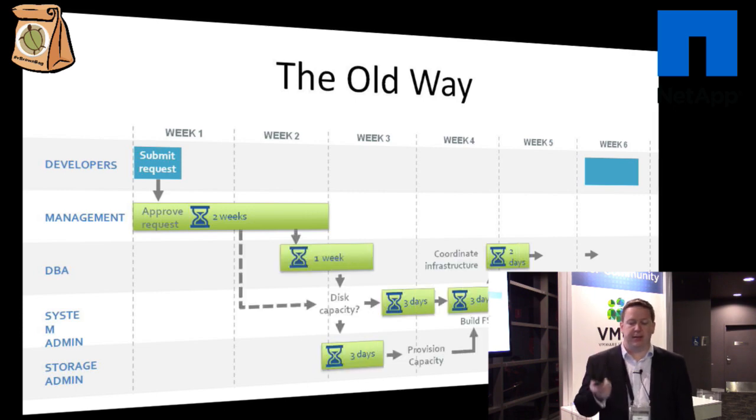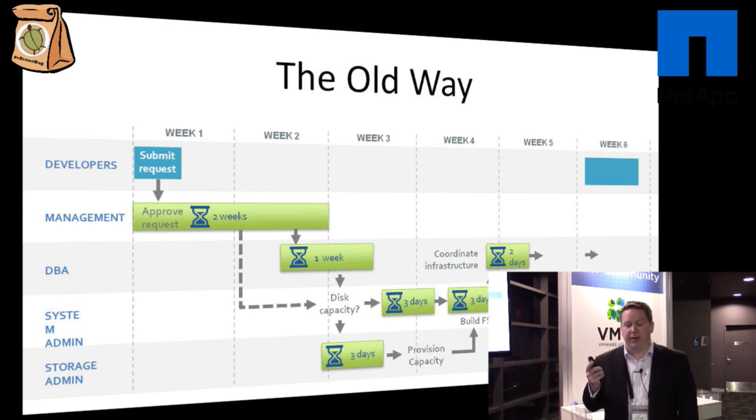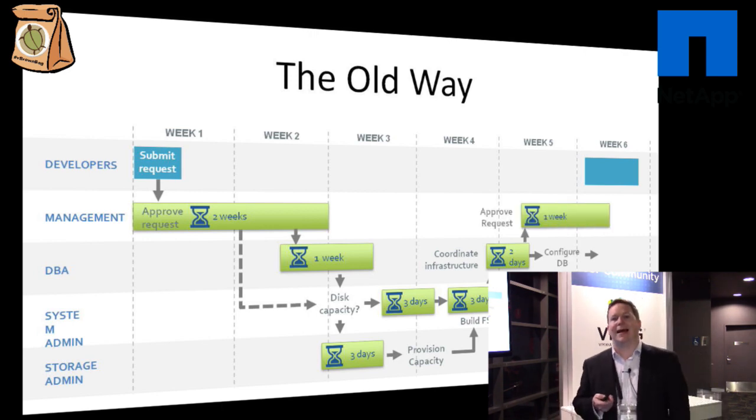Then it might hit the DBAs, who might do a backup to purposely grab that data. You might then hit up the infrastructure team, system administrators, and storage administrators to get the data restored onto the storage, and by the time people have got the copy, it could be a matter of days, let alone weeks, as we see quite often.